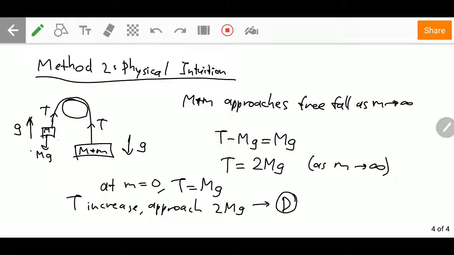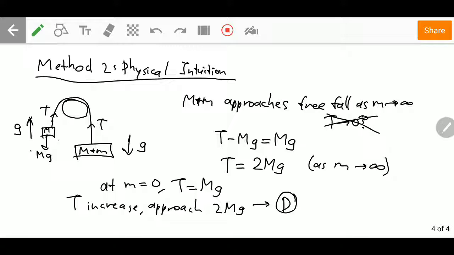One thing you have to be very careful about is that at this step where we said that M plus m approaches free fall, you may be tempted to think that maybe the tension will just approach 0, since it's free fall, there must be nothing supporting this mass. But that is not the case.